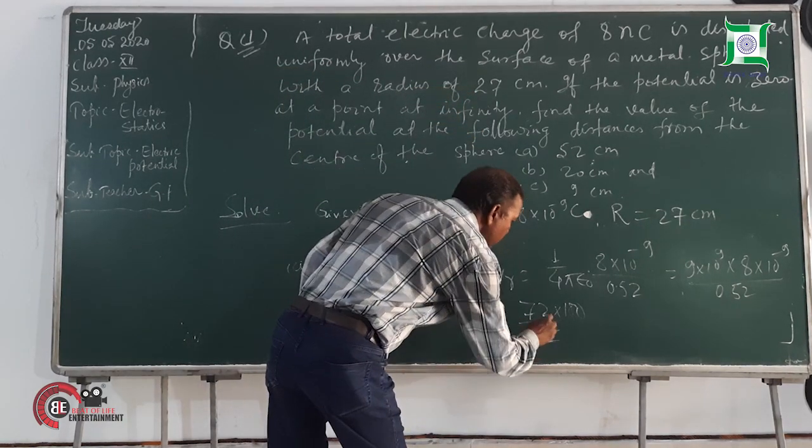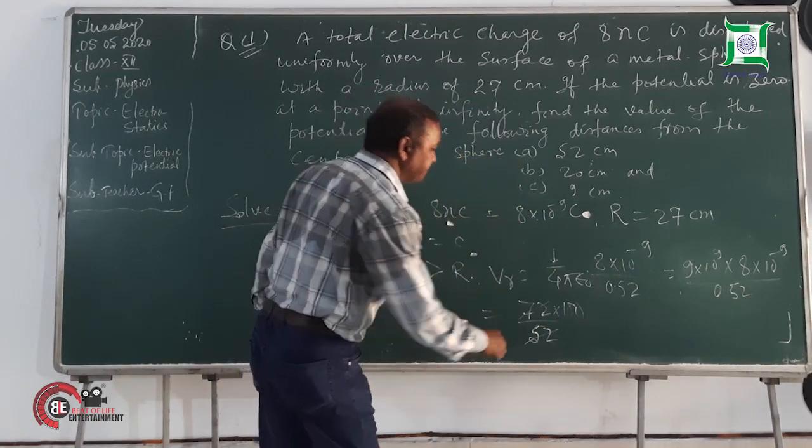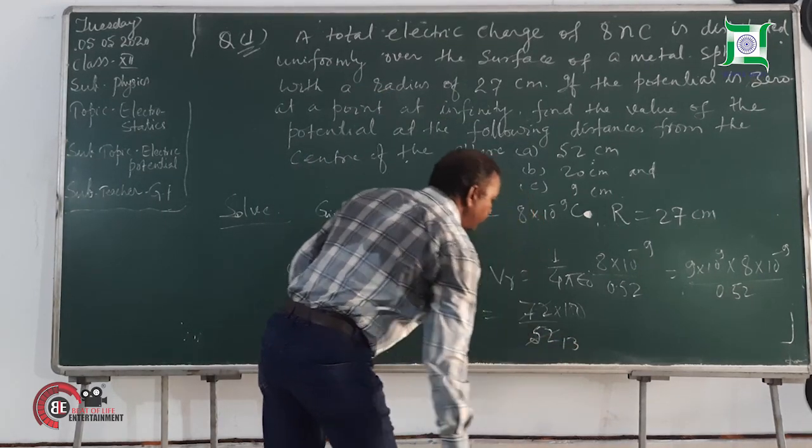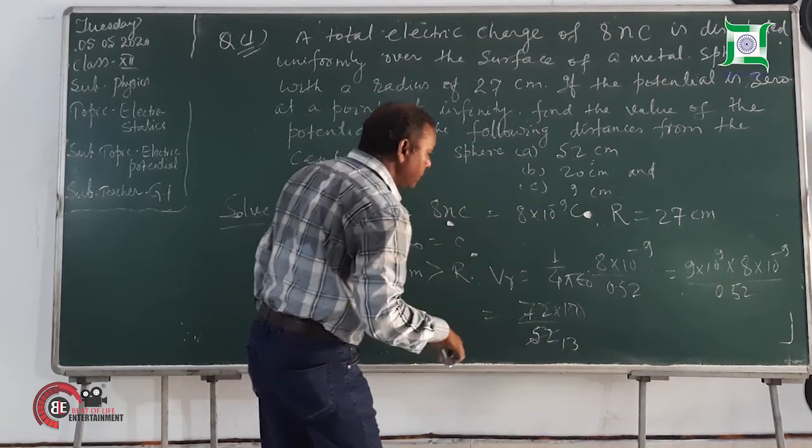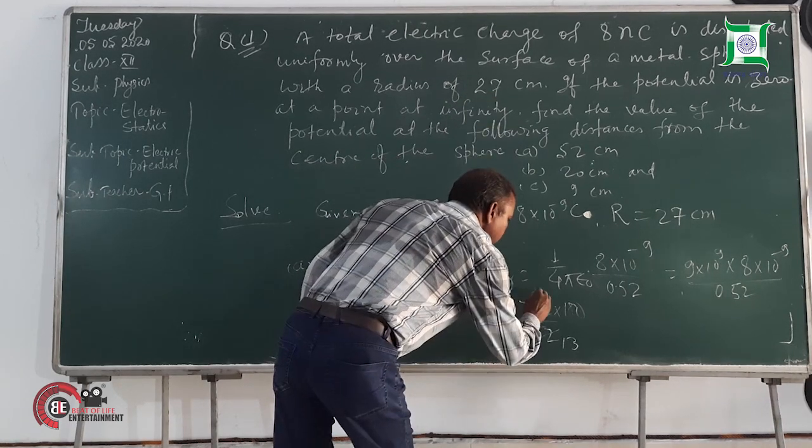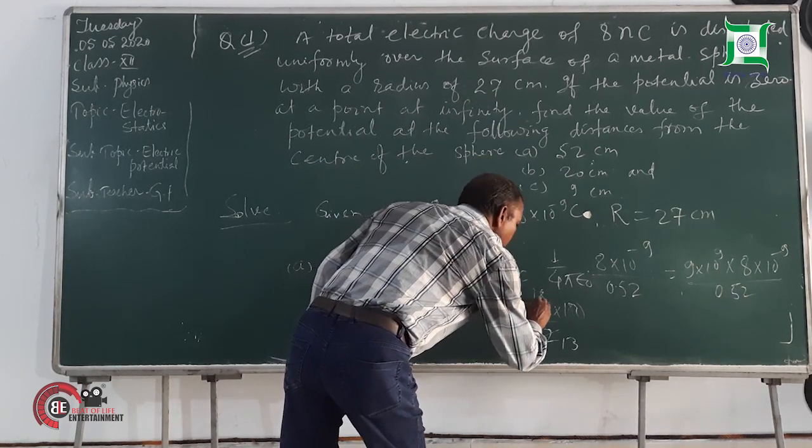You cancel this. 13 fours are 52 and 18 fours are 72.